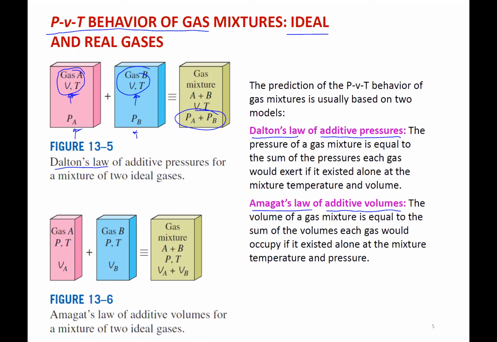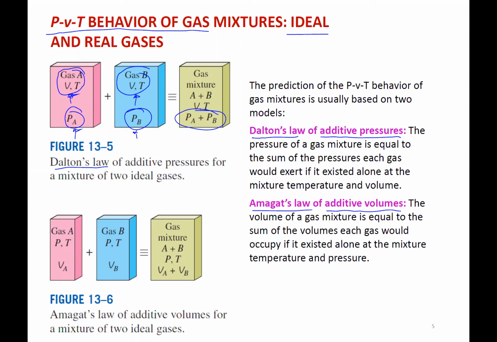An example of this is our room that we're in. We have dry air in it, and then there's water vapor because you have humid air. If we think of that water vapor as an ideal gas in the air, then there's the pressure from the dry air and the pressure from the water vapor, and you add those up and you get the pressure of the room you're in.